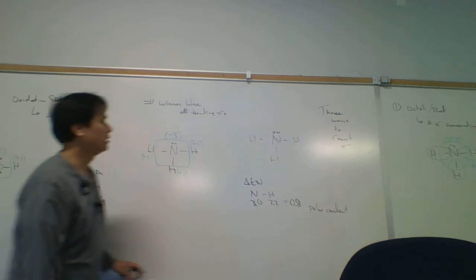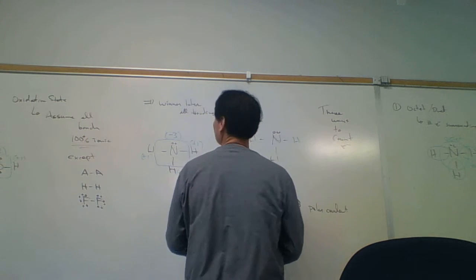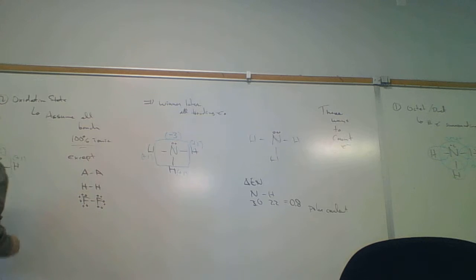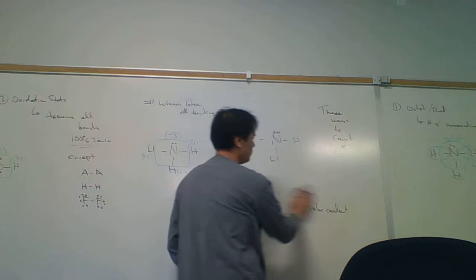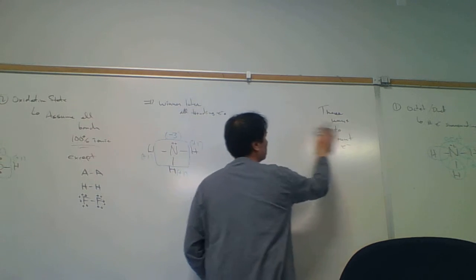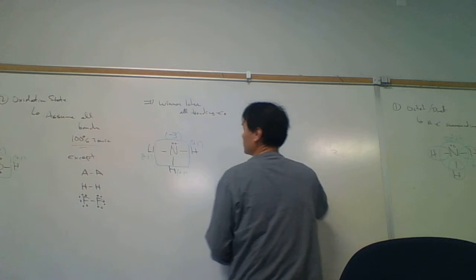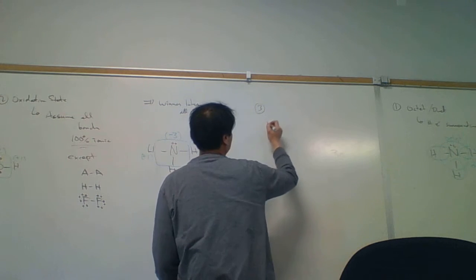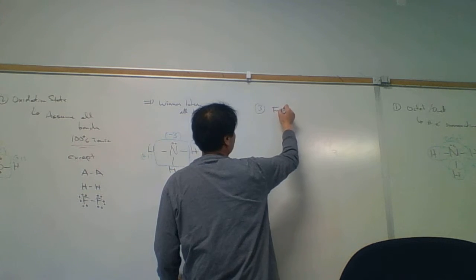There's a third way of counting electrons, which is going to be very useful for Lewis structures. This is number 2, oxidation state. For Lewis structures, we like to count electrons using formal charge.